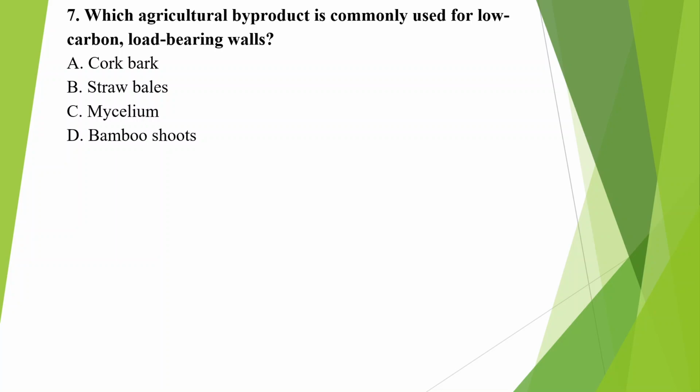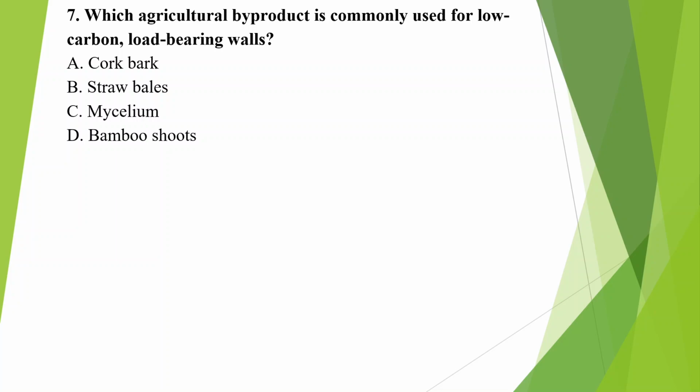Straw bales are the byproduct of cereal farming like wheat, rice, or barley, so this can be considered an agricultural byproduct. Their dense, compact form makes them highly resilient to fire, and they are strong enough for use as a low carbon material. So load bearing capacity is also good. That's why, you might have seen, straw bales are used for low rise buildings.